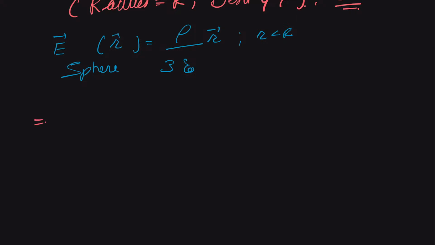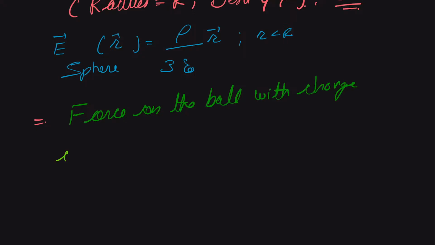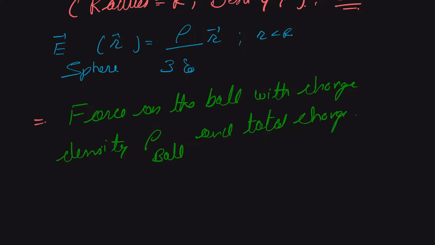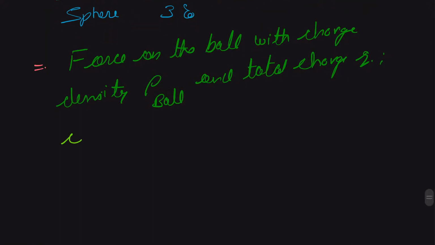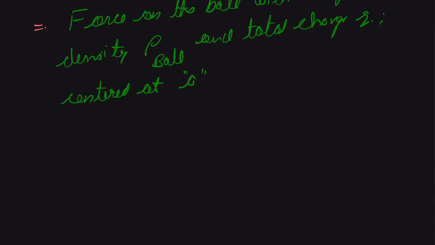So from here we can say that the force on the ball, with charge density, let us call it rho ball, and total charge Q, is centered at A.